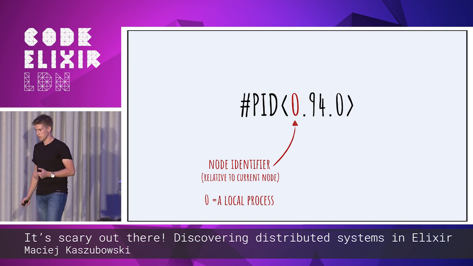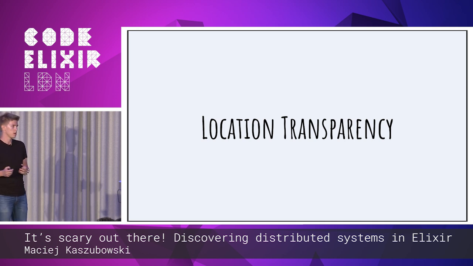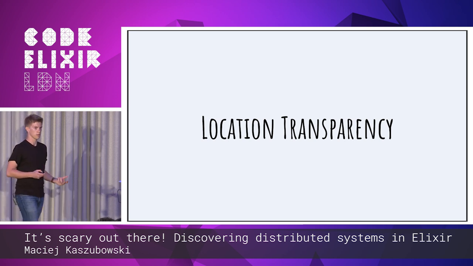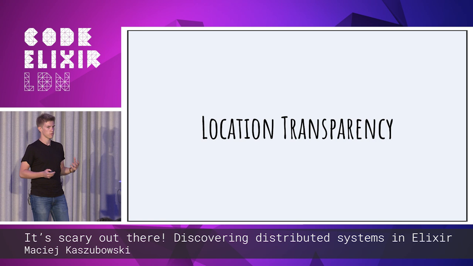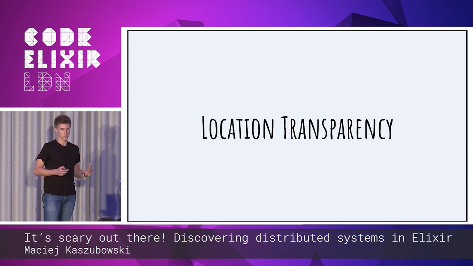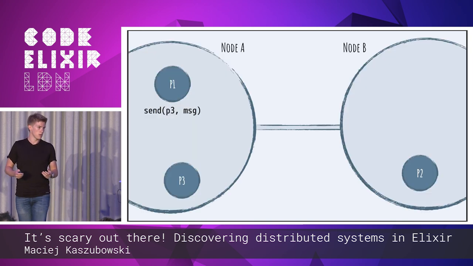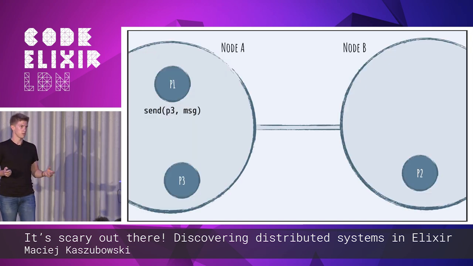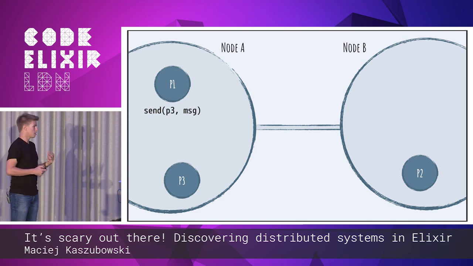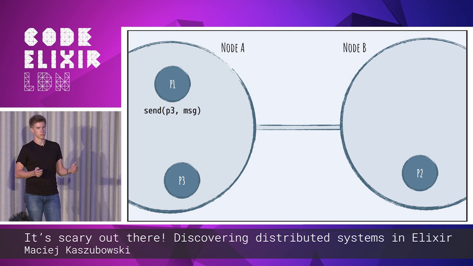And when it comes to distributed computing, we have this notion of location transparency. And it means that if you have location transparency, you don't have to know the physical location of a process in order to send a message to this process. And with PIDs, we have this. So if we are sending messages between processes, the Erlang runtime will take care of checking where the process lives.